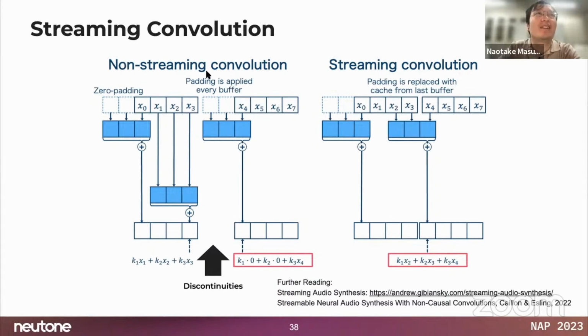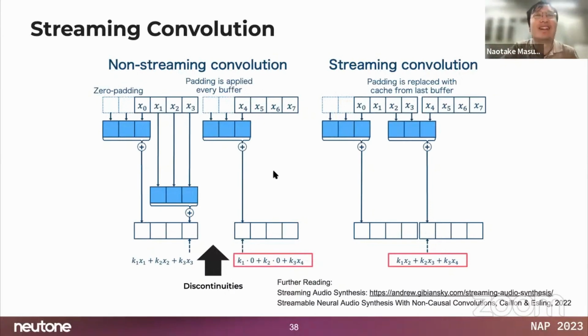If we apply standard non-streaming convolution on these buffers, CNN convolutions usually have a zero padding operation. This zero padding is applied to this buffer and also the second buffer. But if these two buffers weren't separated, there wouldn't be padding between them, and that creates a discontinuity.